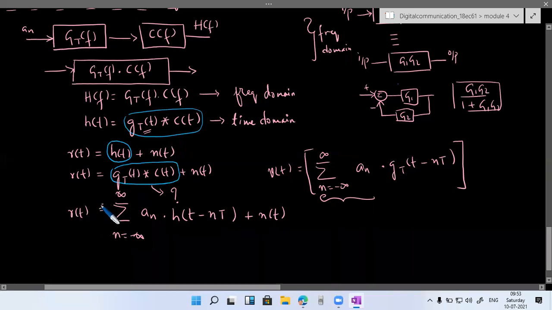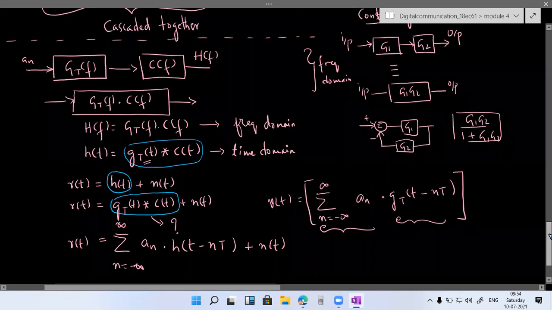I hope you are getting the steps over here. So what we have done is we have used the result that we had got earlier, that is v of t, and in turn this v of t is equal to the summation, n starting from negative infinity to positive infinity, of a_n times g_t of t minus nT.